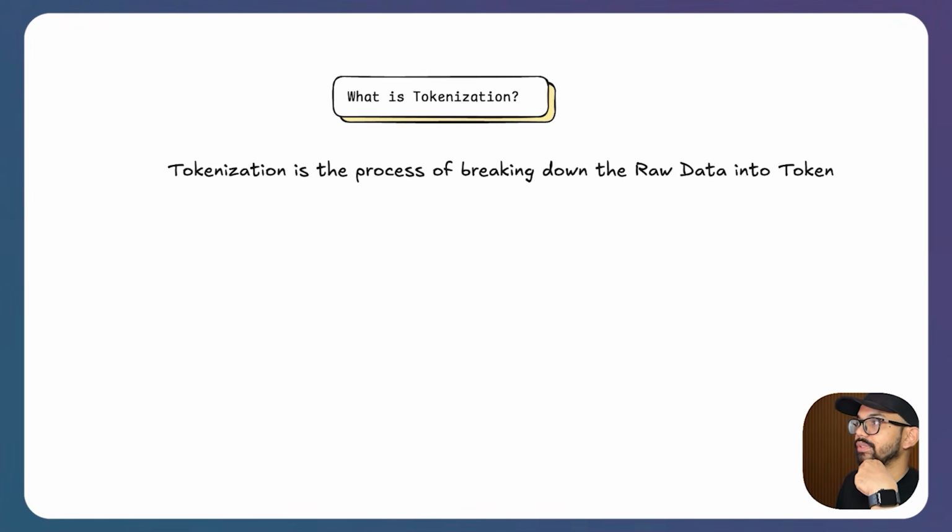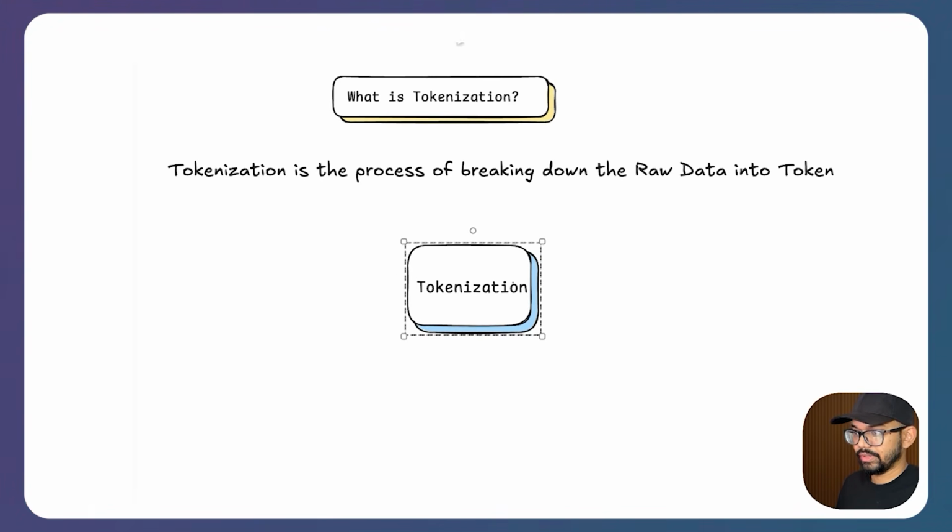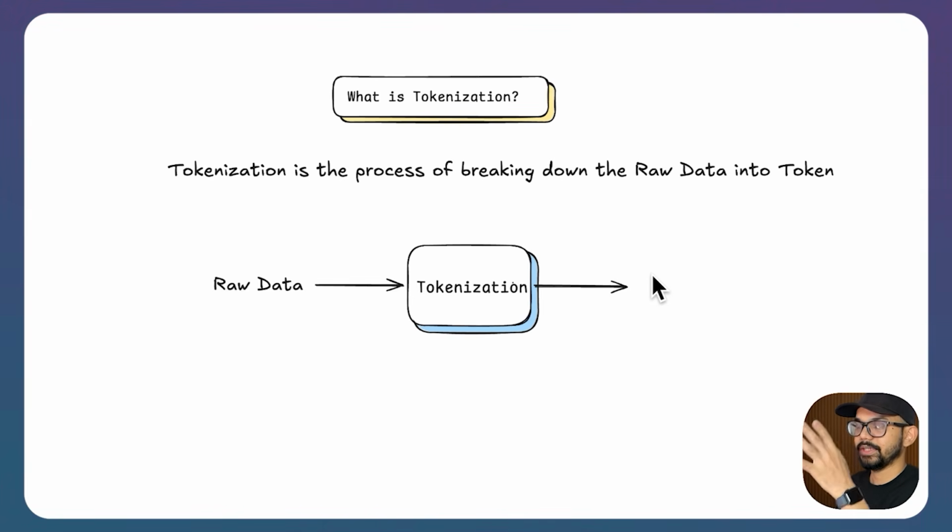So what happens is, let's say you have your raw data. It could be text, audio, video, anything. This raw data is sent as the input to the tokenizer, and what you get out of it is tokens. The tokens are just an array of numbers.